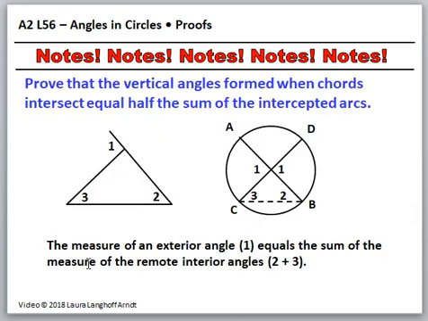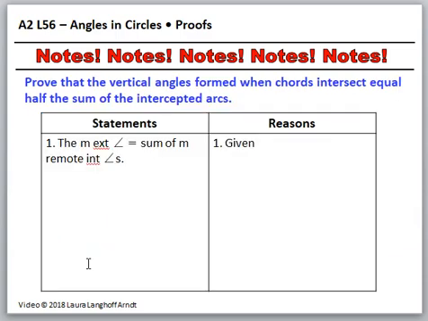Let's move on. All right, now this is the proof part. And this is going to be a little bit tricky, and I want you to write it down like this, where we have the proof part up here. This is what we're going to prove, that the vertical angles formed when chords intersect equal half the sum of their intercepted arcs. Now that's the math speak for what we just talked about with circles.